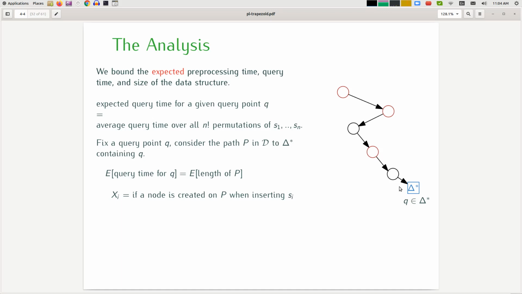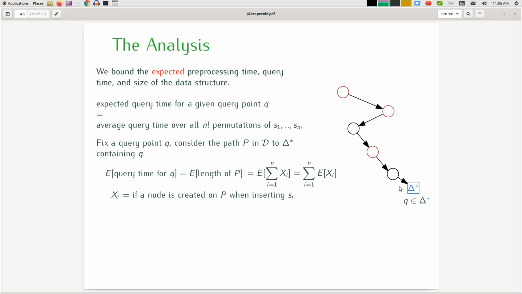Based on this definition, the length of the path is the sum of the xi's. This is because if a segment does not create a new node on the path, then xi is 0. If it creates a node, xi is 1. Therefore, the length of the path is essentially the sum of the xi's.